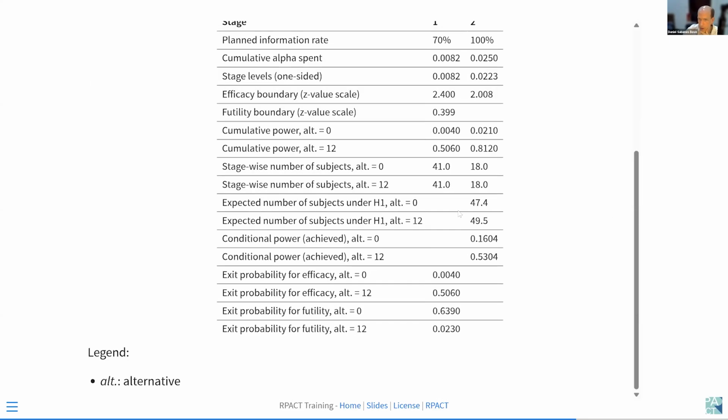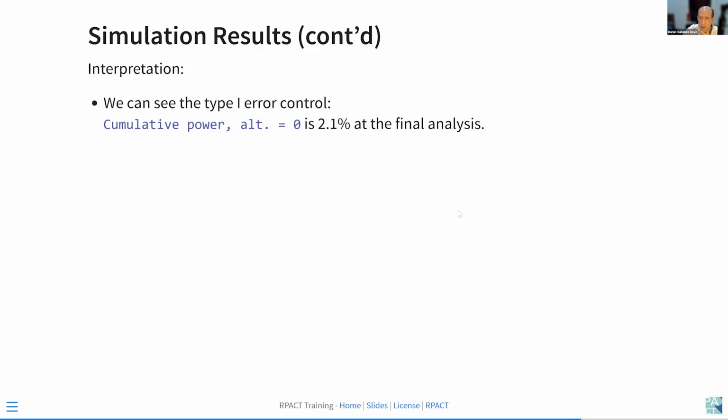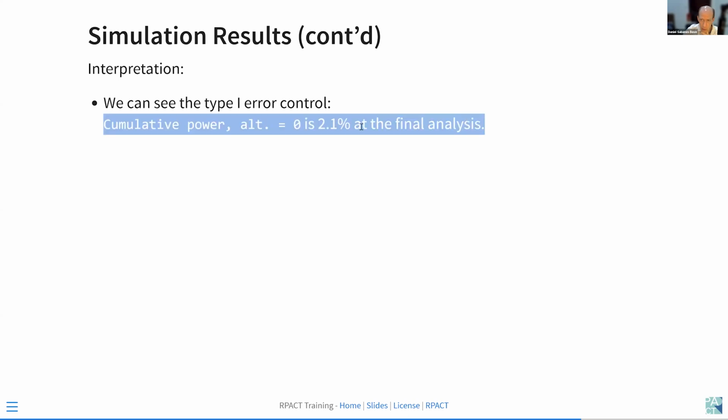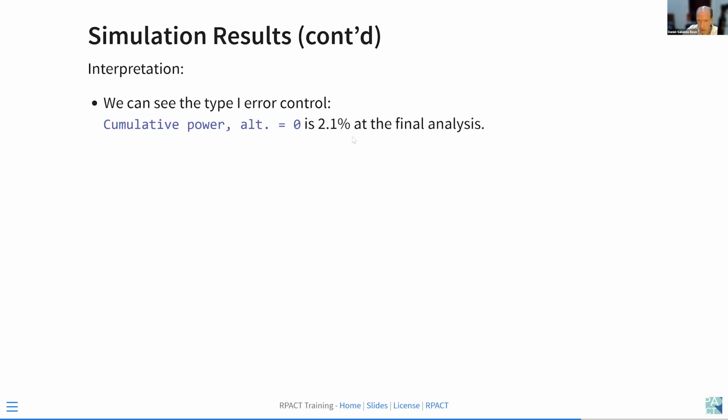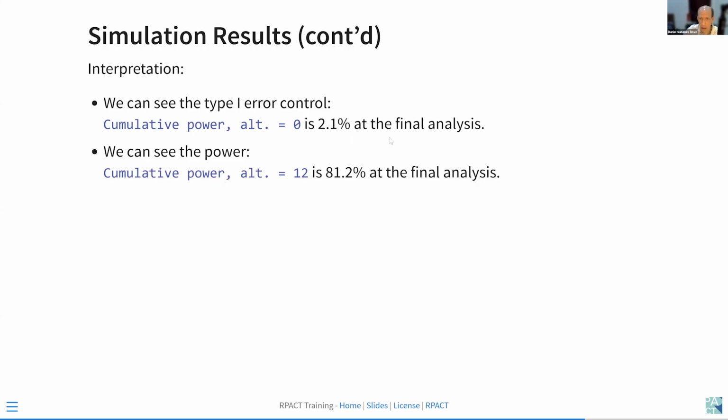And just to the interpretations, for example, we can confirm that the cumulative power under the null, so this means alternative equals 0, is basically our type 1 error. We can confirm that this is really controlled at 2.5%. It's only 2.1% actually.